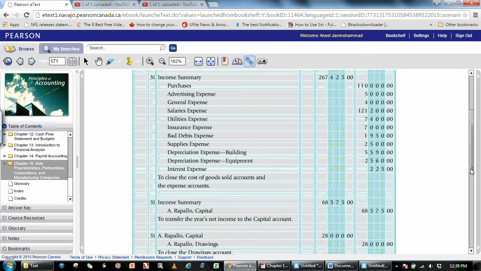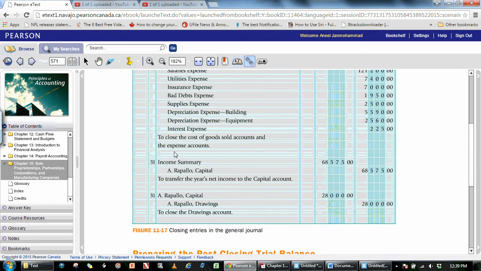And then in this case, the income summary had a credit balance. So to empty it out, we debited income summary. You studied this just a week and a half ago, so you should remember this. Income summary, we debited to empty it out into capital. Because we had a net income, we debited income summary for this amount, and we credited capital for that.